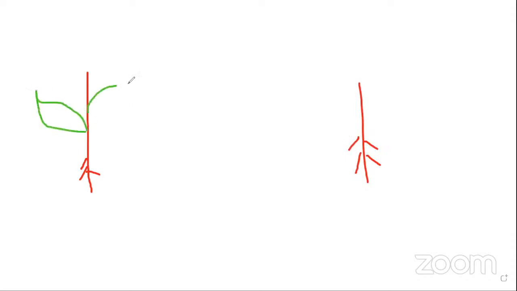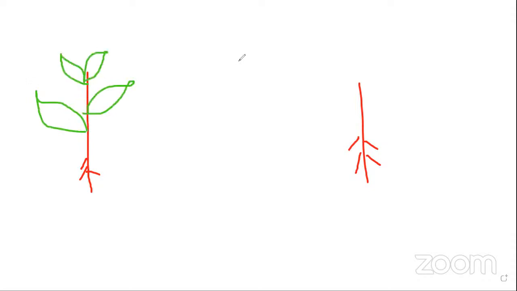Take an example. This is plant A, and this is plant B. The plant leaf structure is like this.